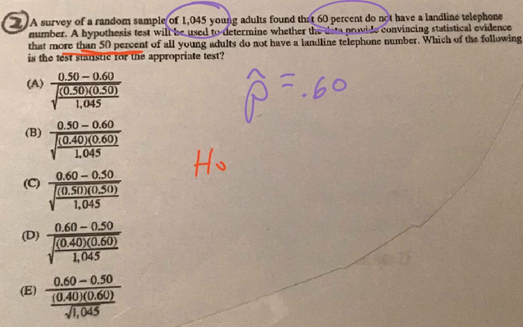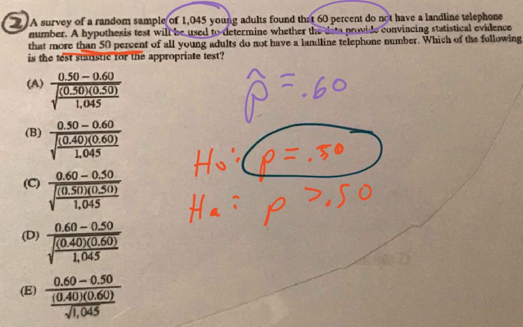So note that our H naught is going to be P is equal to 50%. So we're going to assume it's only 50%. But our alternative is going to be, nah, we are suspecting it's greater than 0.50. The key thing is 50% is our assumed proportion. Our sample gave us 60%, but the real assumption is, nah, it's really only 50%, right?